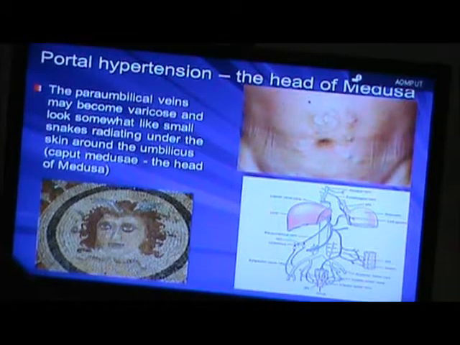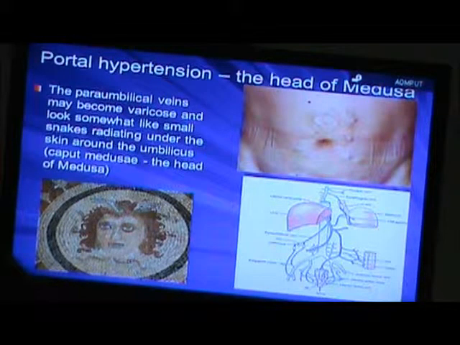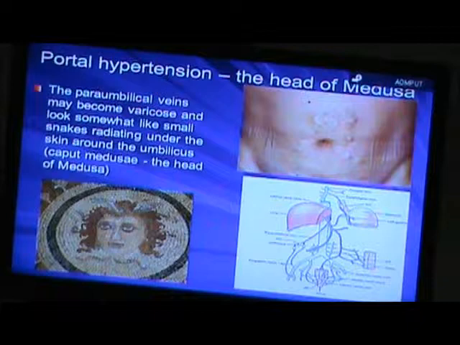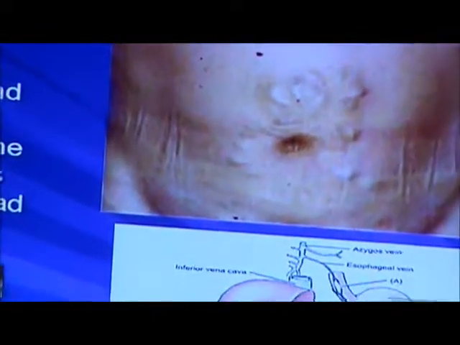The next junction when we have blockage in the portal venous system is the presence of the head of Medusa. The paraumbilical veins may become varicose and look somewhat like small snakes radiating under the skin around the umbilicus.